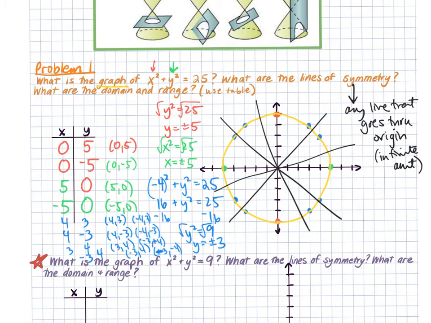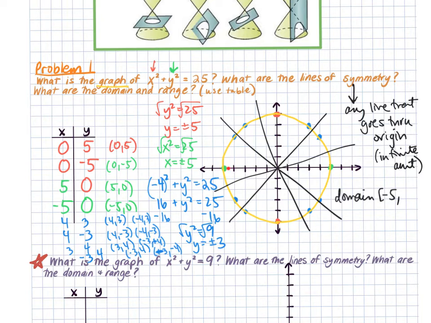Okay, and then what are the domain and range? Well, remember, domain are the x's that are on our graph. If we're looking just at the x-axis, as we're coming in from negative infinity, the circle's not anywhere until you hit -5. So our domain is going to start at -5, and it includes -5.